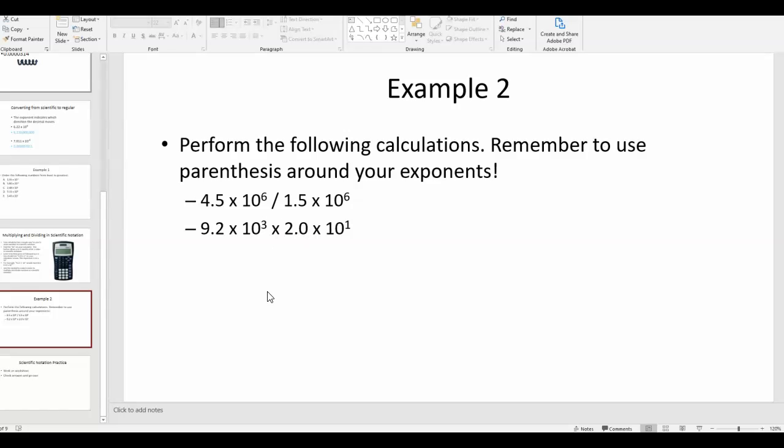Okay, so hopefully you got 3 there. Just to try one more quick example, let's try 9.2 times 10 to the power 3 times 2 times 10 to the power 1. And again, make sure you put parentheses around each thing that you're multiplying or dividing. Try that now.